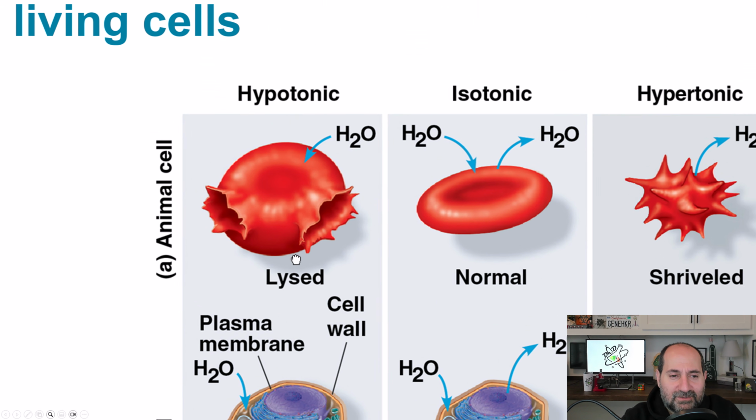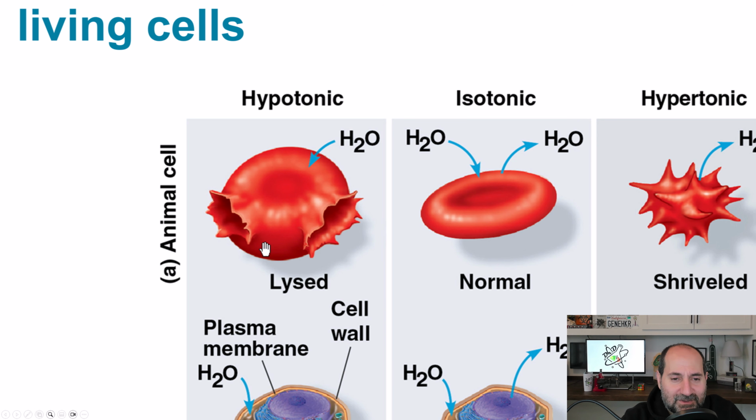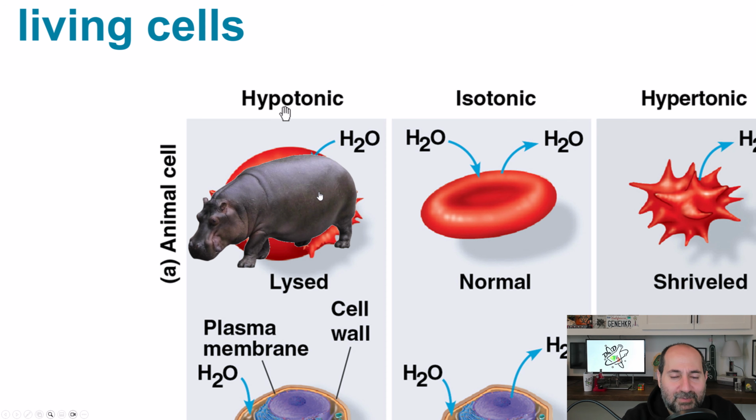And do you remember my trick to remembering these tonicity problems? The hypo sounds like hippo. Remember that? Hypo sounds like hippo, and that helps me to remember that in a hypotonic environment, which is a low solute environment, my cells look like hippos, okay?